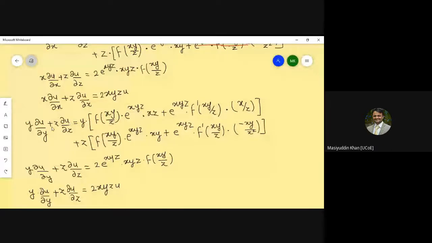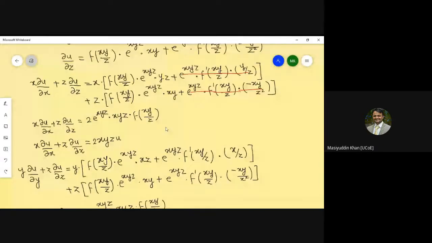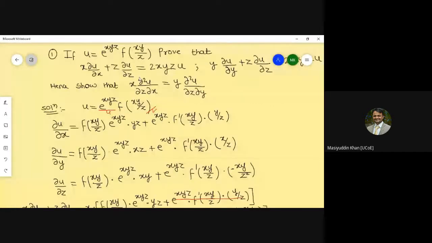The next part is clearly given. Hence show that ∂/∂x into ∂²u/∂z∂x is equal to y into ∂²u/∂z∂y. So the same things we have to apply here again.